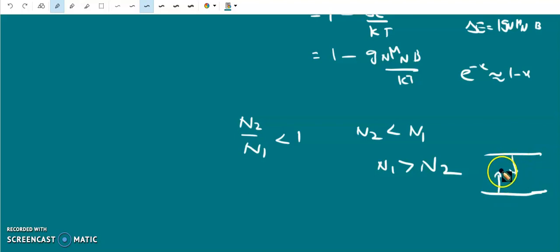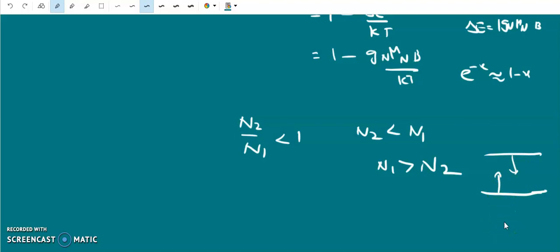Absorption and emission have approximately the same probability, but since the population of the lower level is slightly higher than that of the upper level, absorption dominates over emission. So there is a net absorption of energy when we apply an electromagnetic radiation.